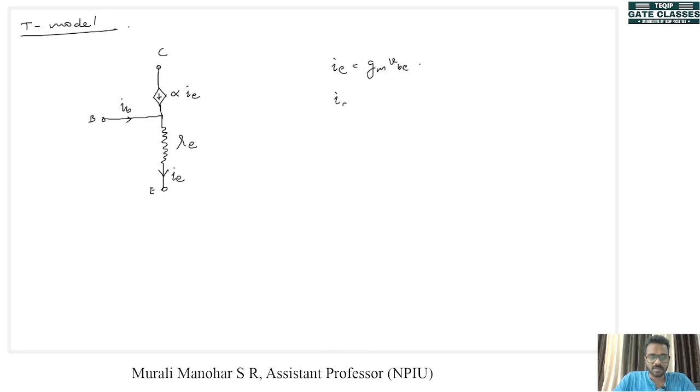So IC can be written as alpha into GM into VBE. So this equivalent model can also be drawn with a voltage controlled current source. That equivalent model will look like this.